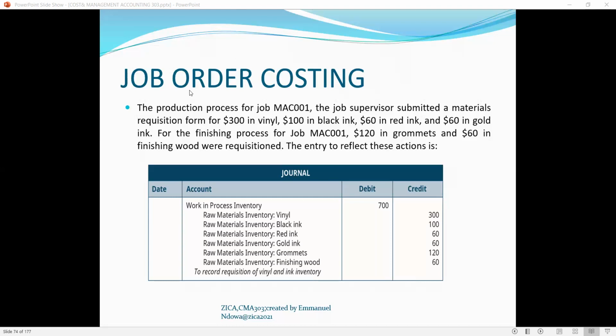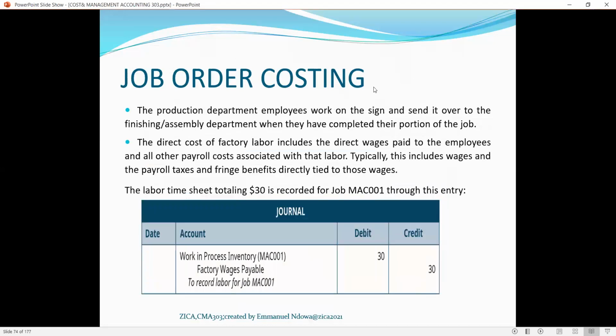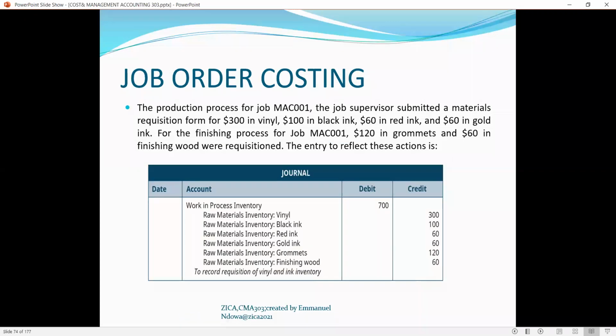So we then need to proceed now. We are from the warehouse, and we then need to allocate to a certain department. So our illustration, the production process of job MA30301.